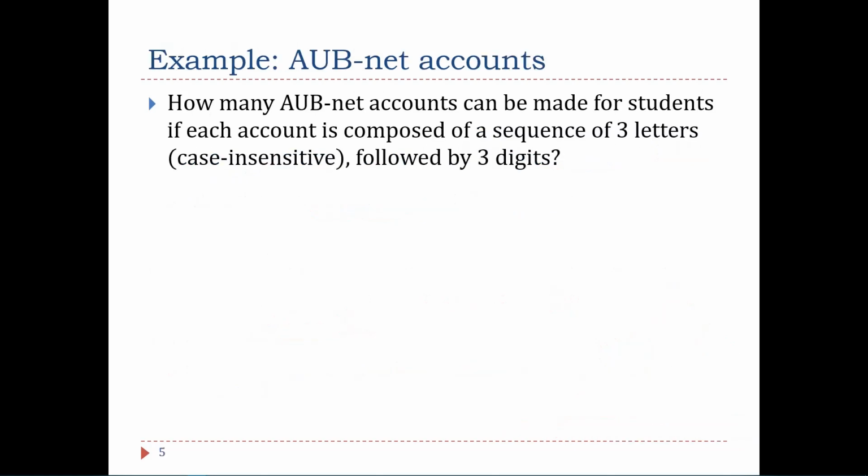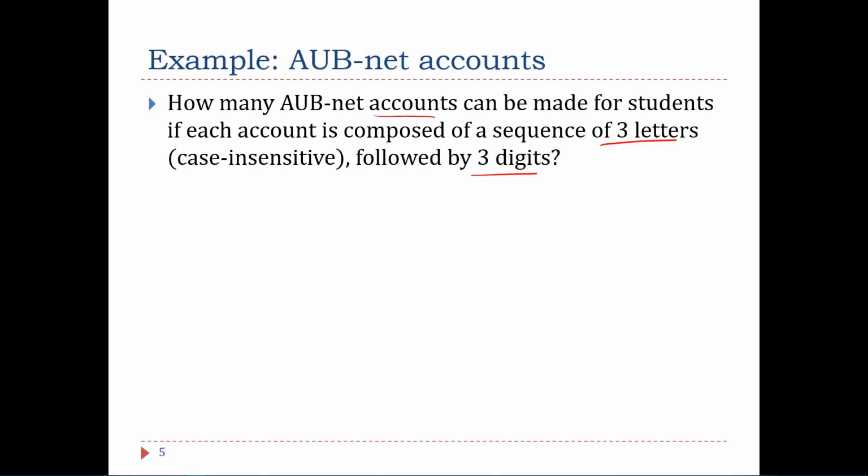Another example is how many AUB net accounts can be made for students if each account is composed of a sequence of 3 letters, case insensitive, followed by 3 digits. So once again, the AUB net accounts are composed of a sequence of 3 letters followed by 3 digits.